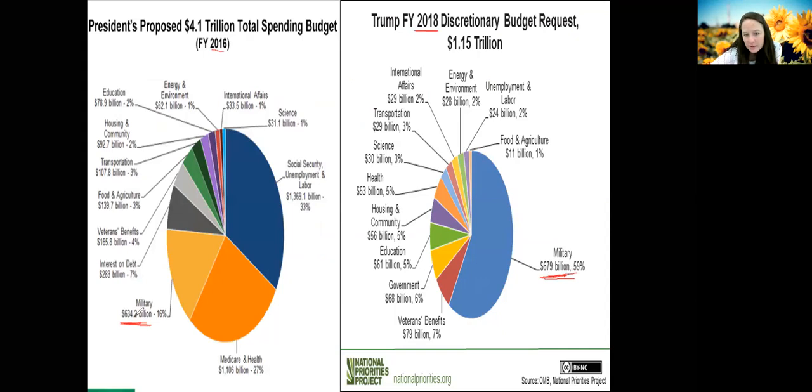So you can see that our military budget went up by over $40 billion. And then let's look at education. Education in 2016 was roughly $79 billion. Education in 2018, $61 billion. So less money was put into education in 2018.